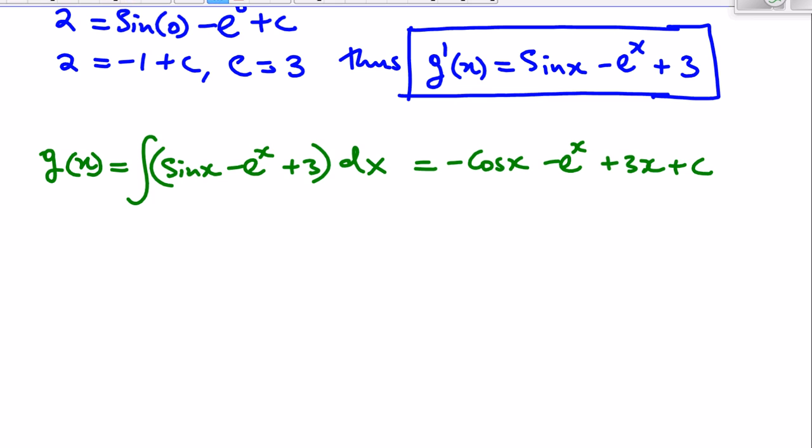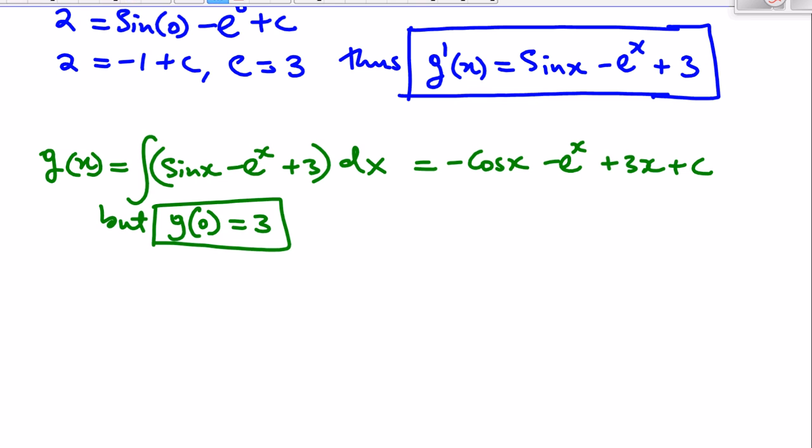What I'm doing here is just integrating term by term, okay? But we know that g of 0, and this is in the question, we are given this condition, the value of the original function at x equals 0 is 3. So substitute that into this.